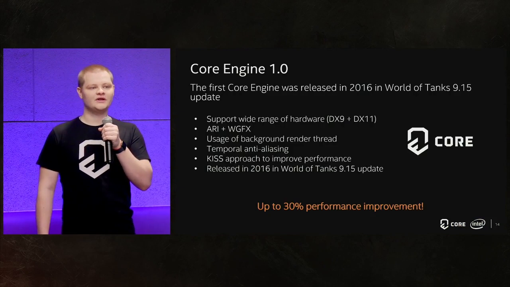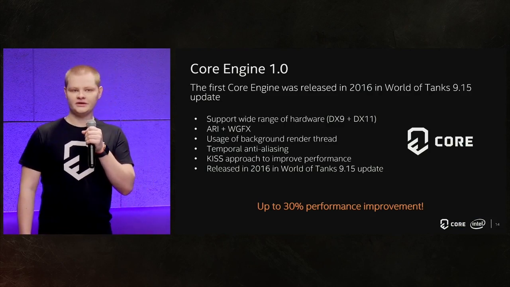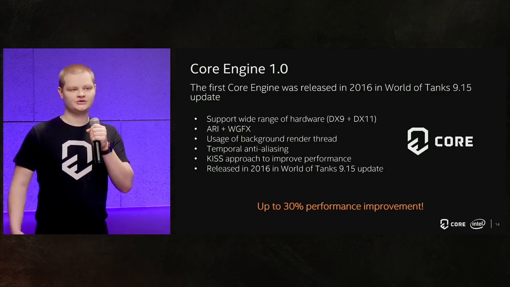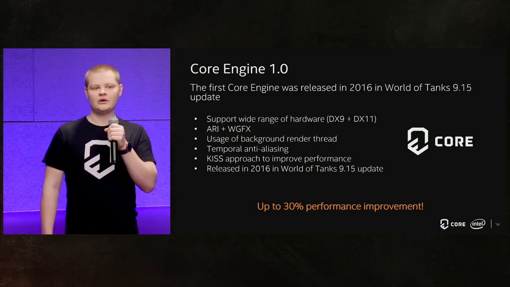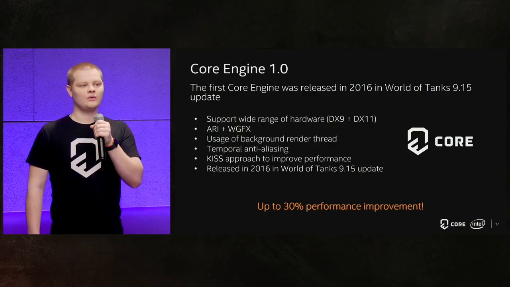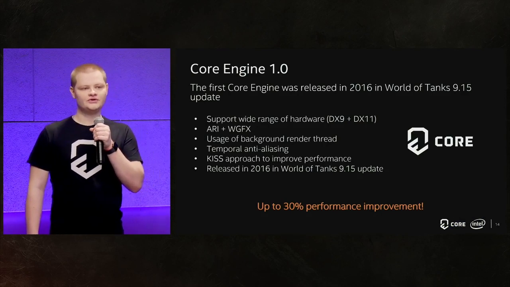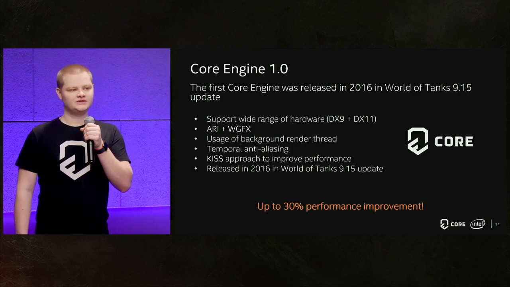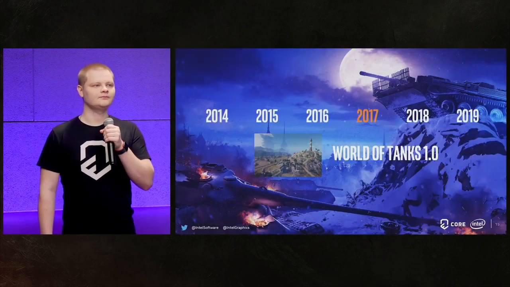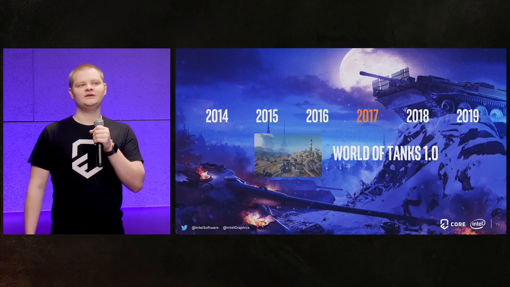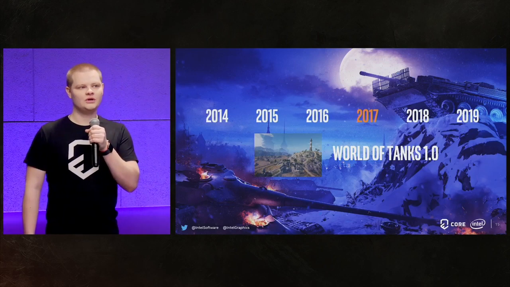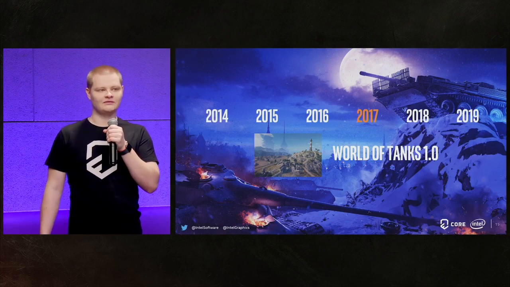The accumulation of render commands was done in the main thread, while the actual DirectX API calls were performed in a background thread. One of the important graphical features at this time was the introduction of temporal anti-aliasing. After we added support for DX11, we had to catch up in terms of visual quality with the modern graphics level.